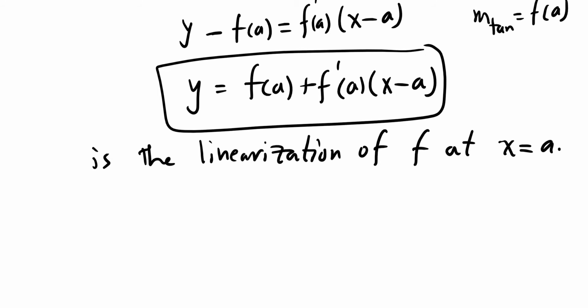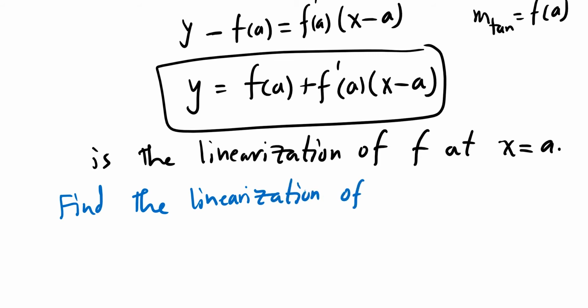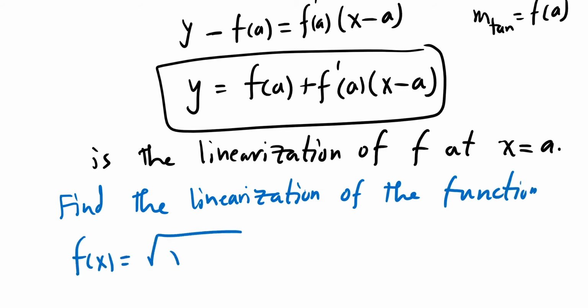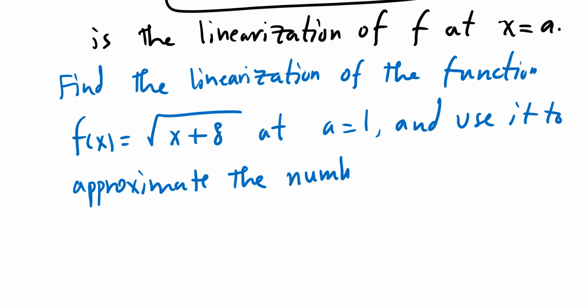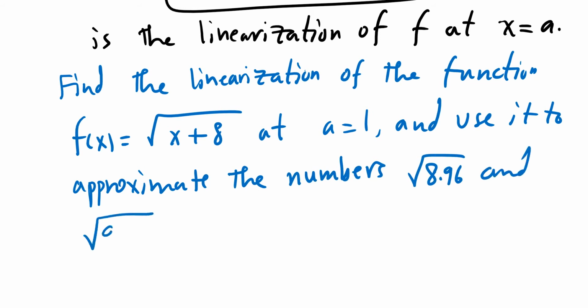Now, let's see how we apply this to an example. Let's say they ask us to find the linearization of the function f of x equals the square root of x plus 8 at a equals 1, and use it to approximate the numbers square root of 8.96 and square root of 9.05.